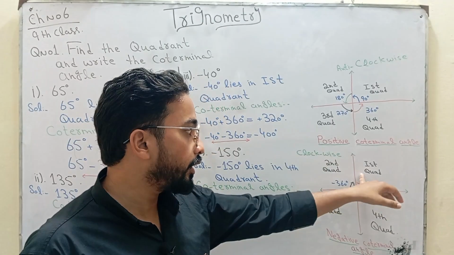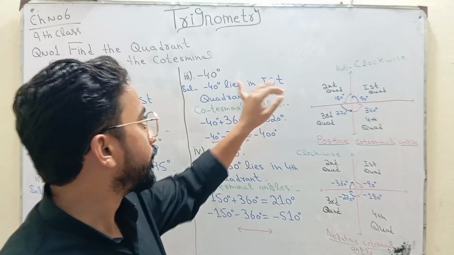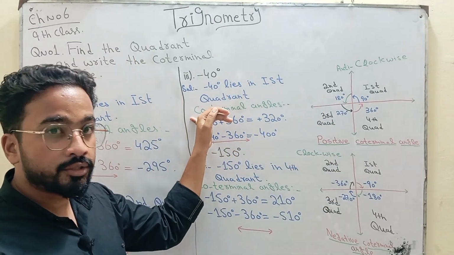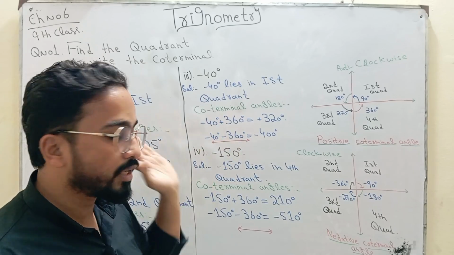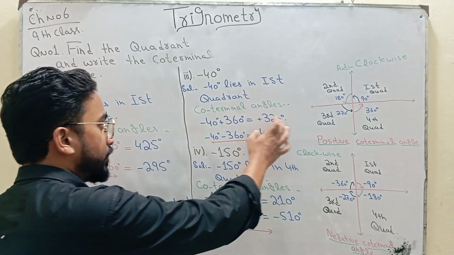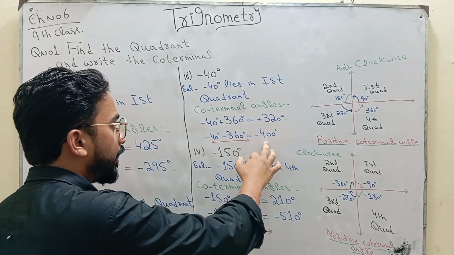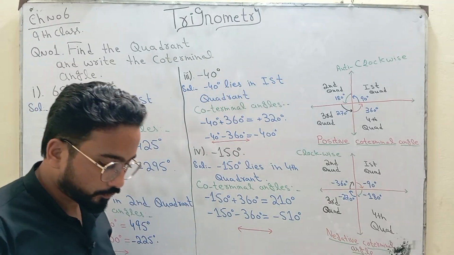So our minus 40 degrees lies in the first quadrant. And its coterminal angles are the same, plus 360 degrees and minus 360 degrees. We get 320 degrees and minus 400 degrees.